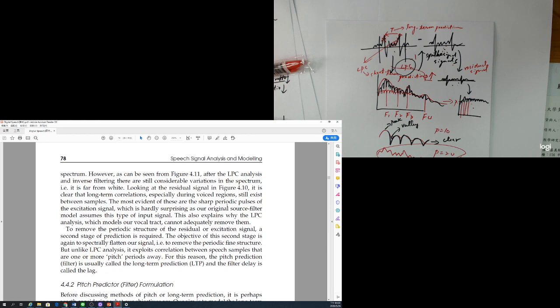Sometimes you can see a sharp periodicity, so we try to find the periodical signal there, which is easy for us to model. Maybe it reaches one more pitch away. That is called the long-term prediction.